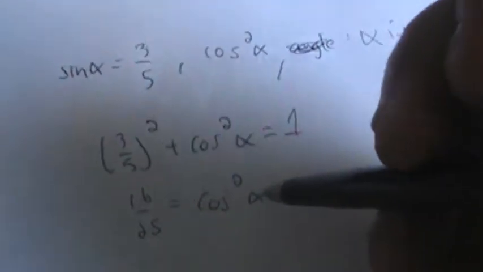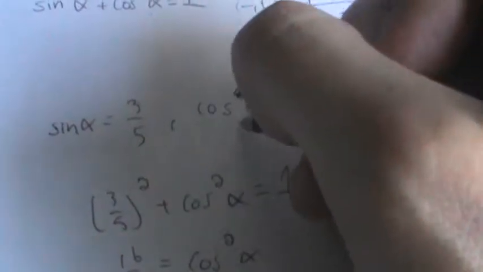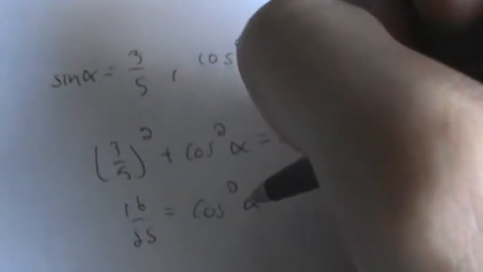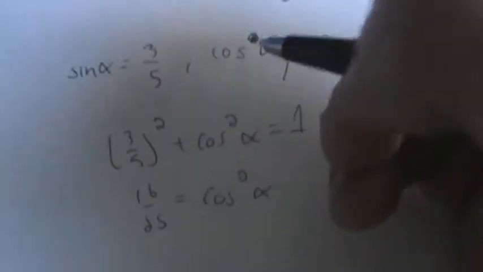So what do we do here? We gotta find what this cosine is. Well, we're not done yet, because they want us to find cosine alpha, not cosine squared. I'm sorry, I made a mistake here. You notice you have a squared here, so what can you do to get rid of the squared? One of the rules in trigonometry is that you can take the square root of both sides.